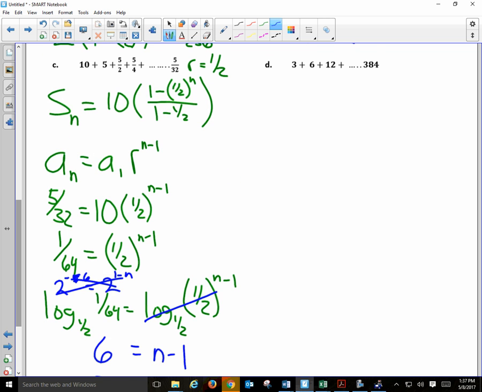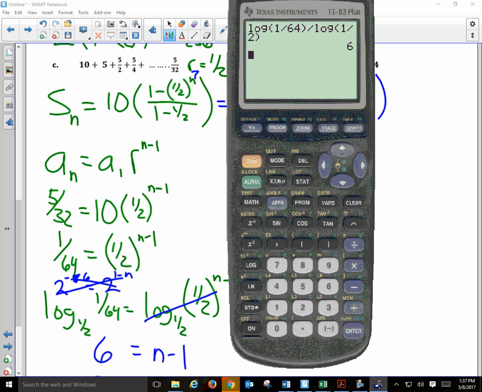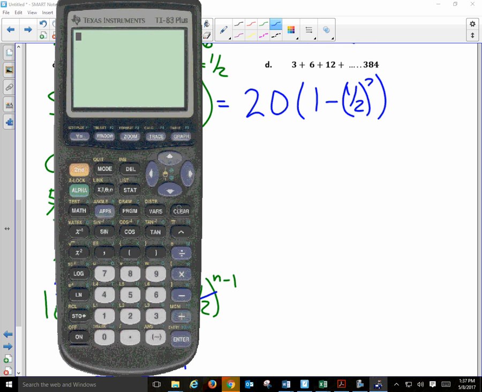All right, so here we go. What is n? 7. So 1 minus 1/2 is 1/2, and dividing by 1/2 is the same as multiplying by 2. So I get 20 times 1 minus 1/2 raised to the 7th power. So I'll take my calculator and use my fancy-dancy fraction operation. 1 minus 1 divided by 2 raised to the 7th.